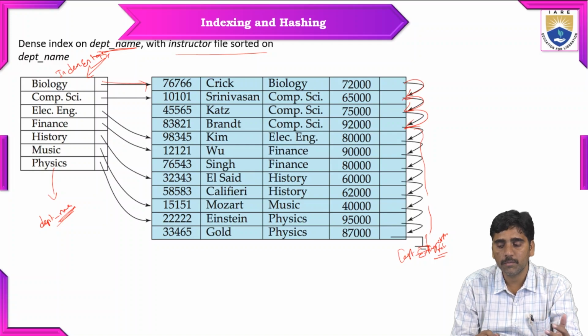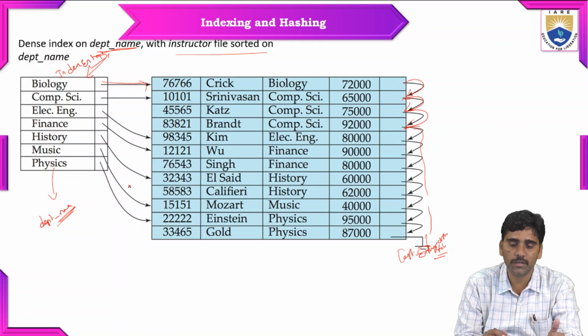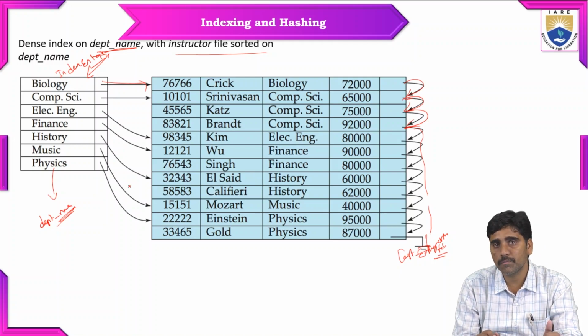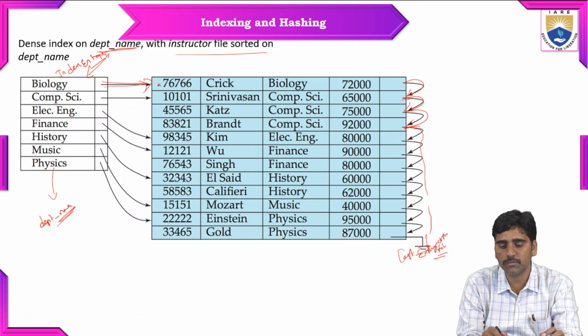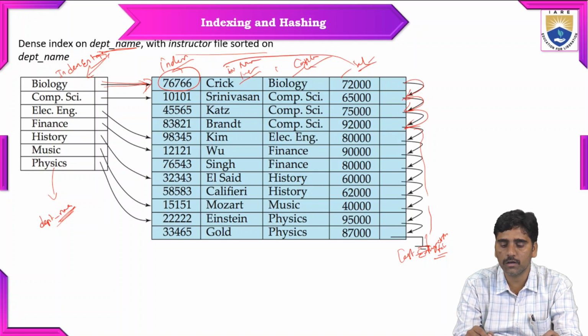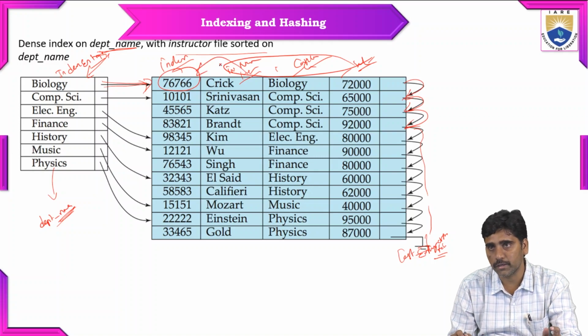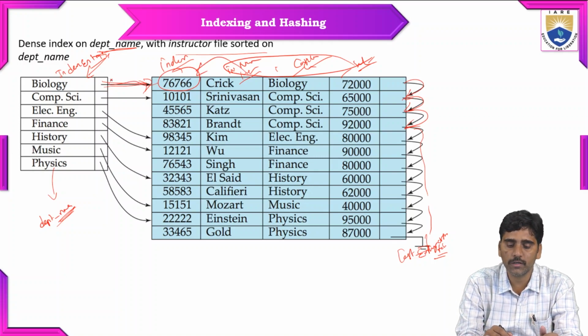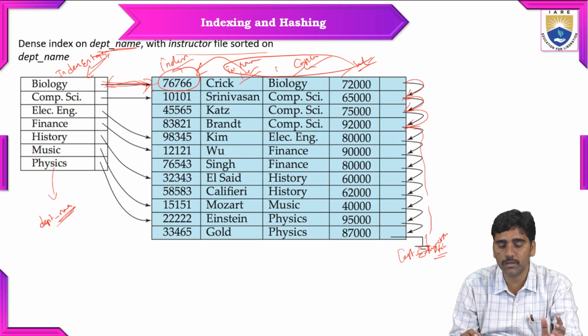So the index entry is the department name, and this department name index entry points to the search key value, that is the ID, and from it all the other values: instructor name, course and salary. They depend on this index ID, but the index ID is pointed to from the search key value, the department name.